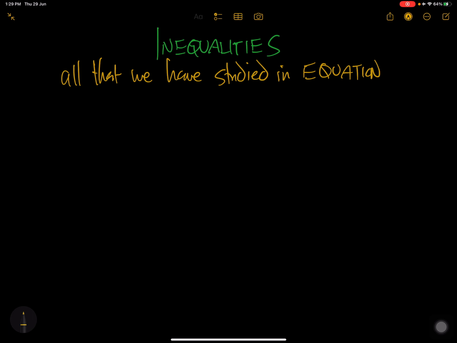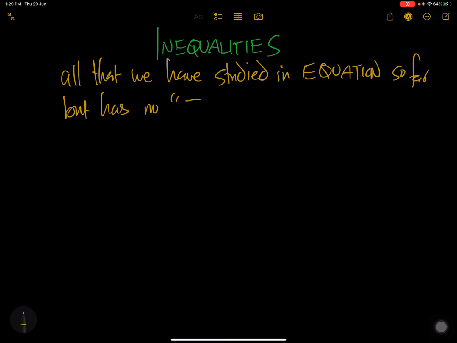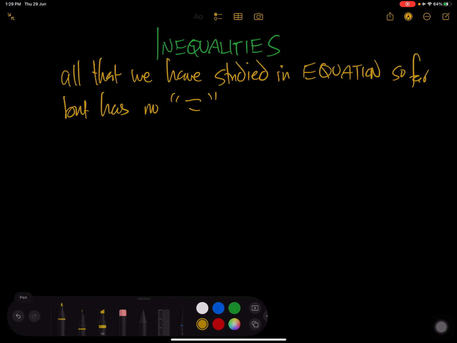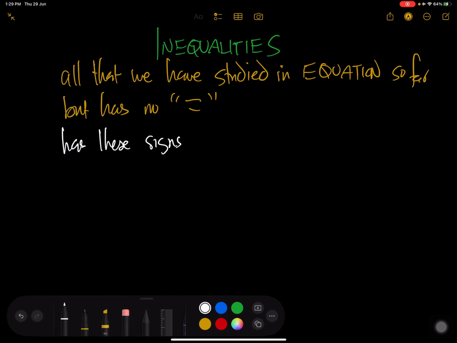All that we have studied in equations so far, but it has no equal to sign. What does it have? It has these signs. They are as follows.